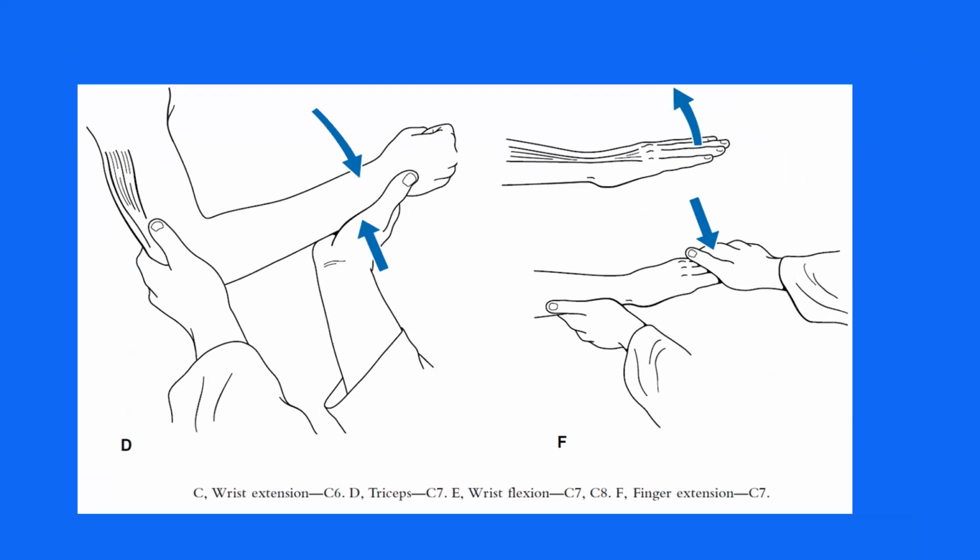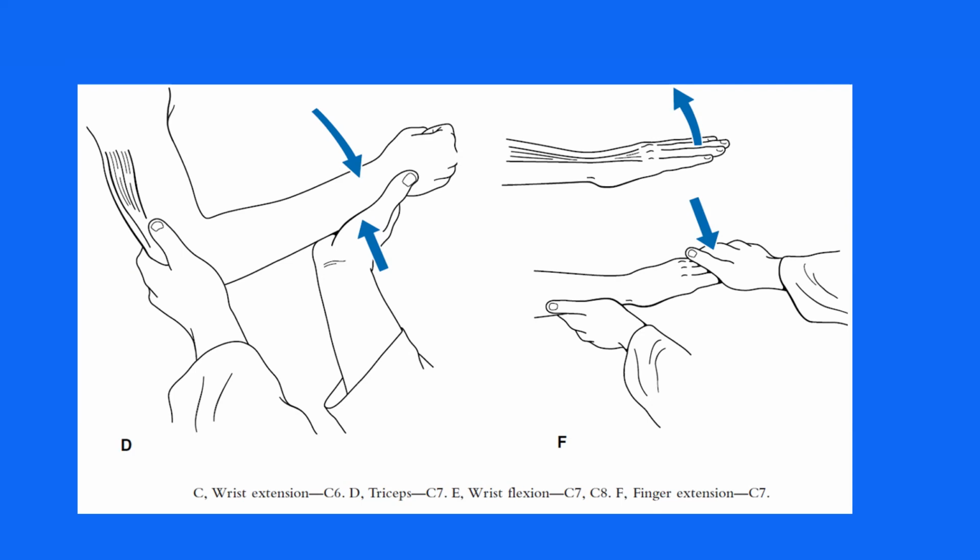Now, for wrist extension, you can put your hand on the wrist and prevent it from coming into an extended position, and this occurs secondary to cervical 6 function. If it's damaged, they won't be able to extend the wrist. Wrist flexion is caused by C7, and finger action is caused by C7.